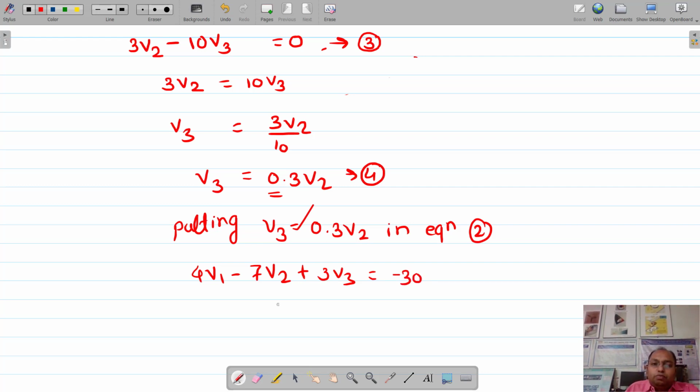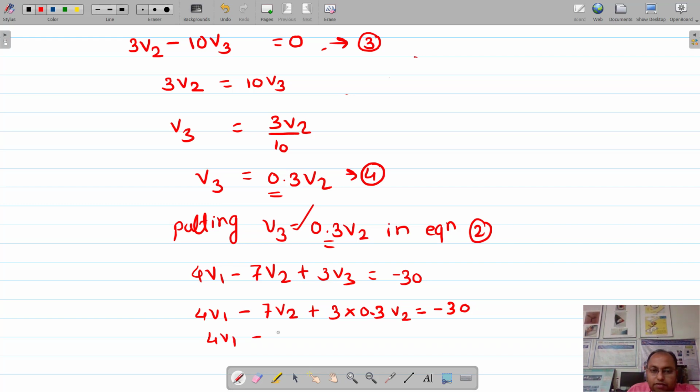Is that fine? So let us put this value as 0.3 v2. So 4v1 minus 7v2 plus 3 into 0.3 v2 is equals to minus 30. Is that fine? Great. So let us simplify it.